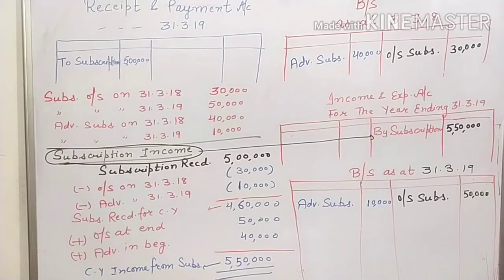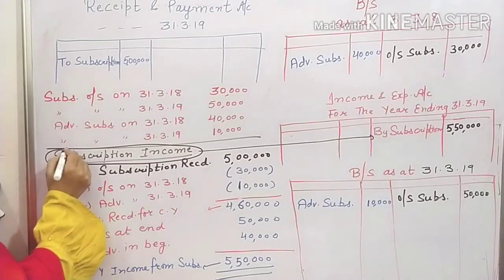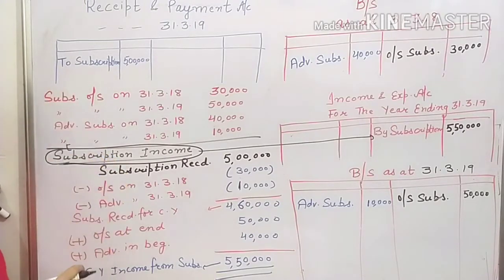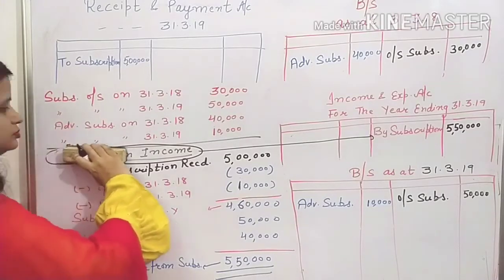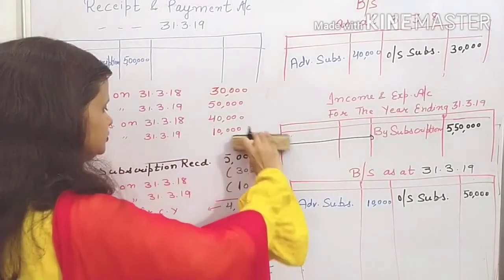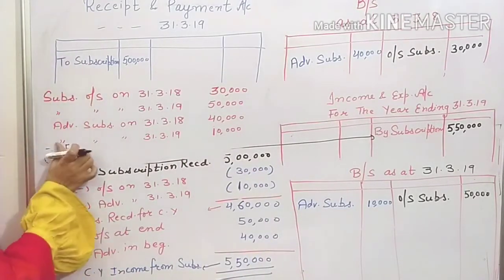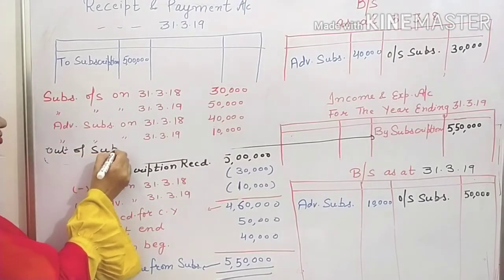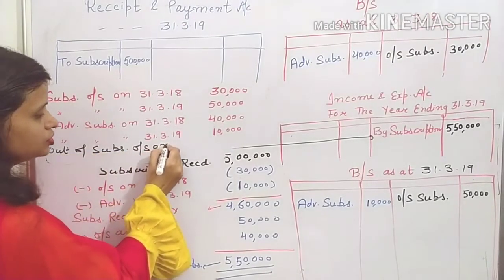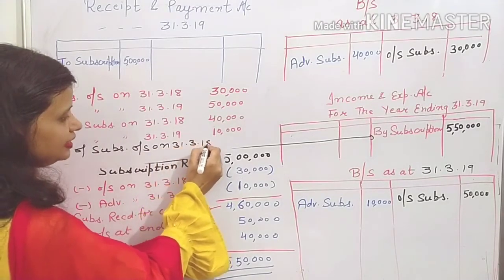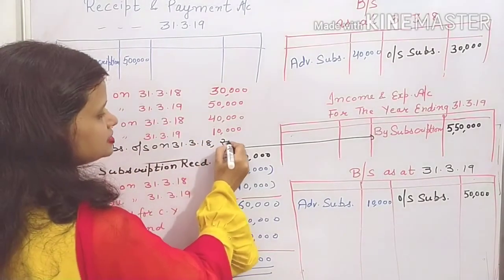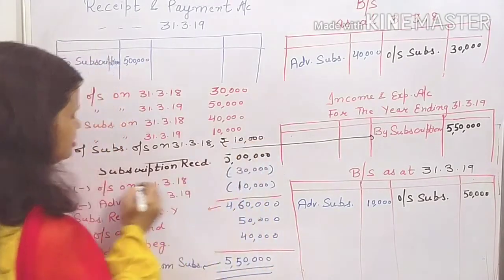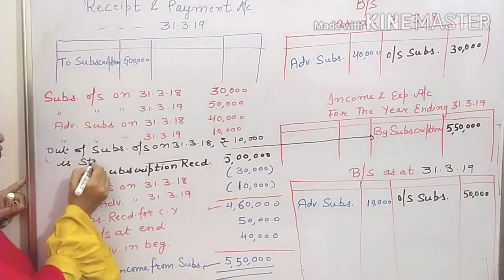Now, let us make some change in the statement. Suppose that, along with this information, one more point is given: out of the subscription outstanding on 31st March 2018, rupees 10,000 is still outstanding.